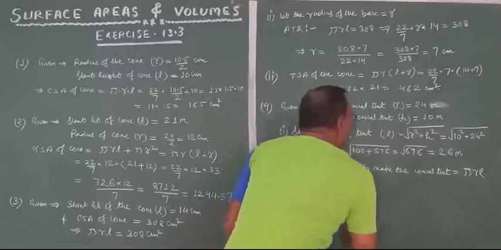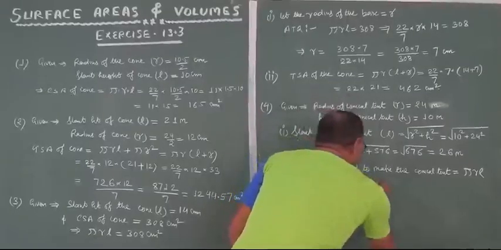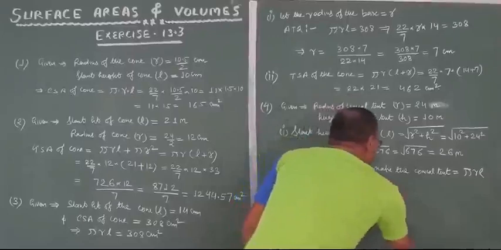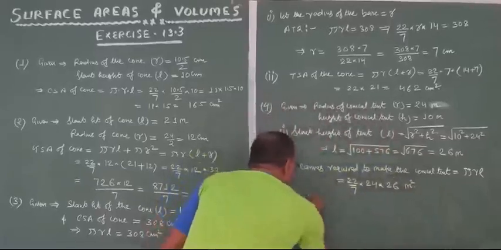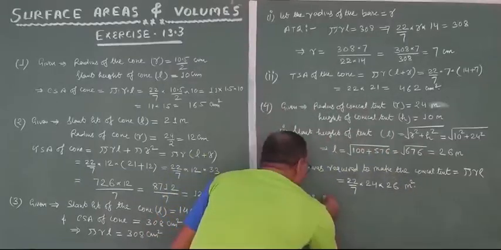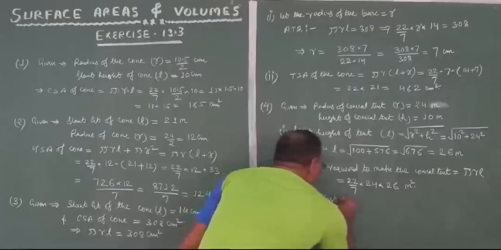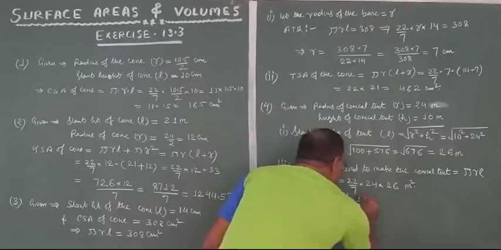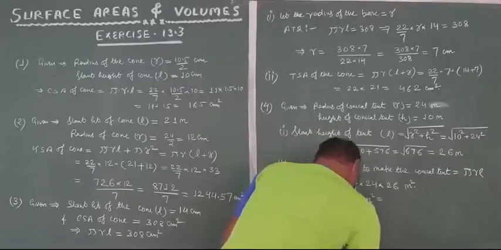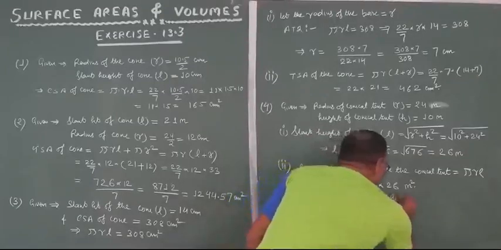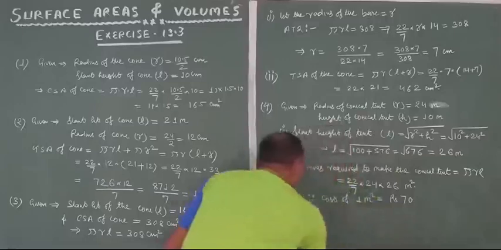R you have how much? 24, and L you have 26 meter square. Since cost of 1 meter square is given rupees 70.